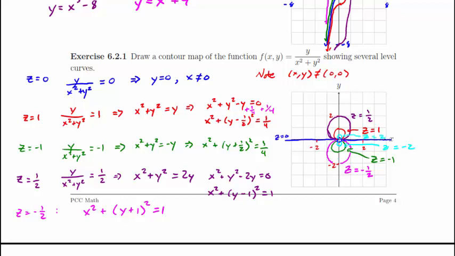And as we move towards the origin along the y-axis, we get circles that have z values that are more and more negative. So our elevations are shooting down. We should get a spike as we get closer and closer to the origin.